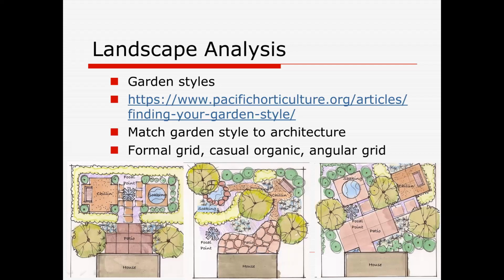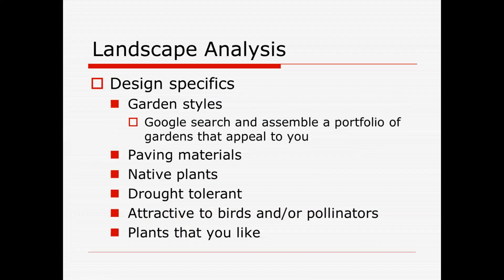So the design specifics in trying to determine just what you want in the landscape. You've kind of made a list of the things you have to do and the things that you want. How do you know what you really like? What is your personal style?